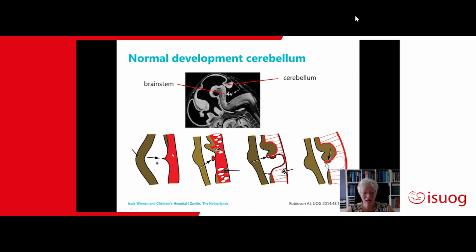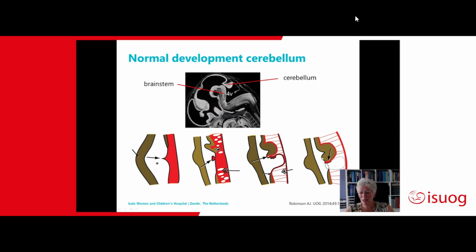Here we have an anterior part of the roof, and there we have a crest, and there we have the posterior part of this roof. This is your anterior membranous area, and this is your posterior membranous area. And if we look at what happens during development, we can see that from the anterior part of this membranous area, the vermis will develop.